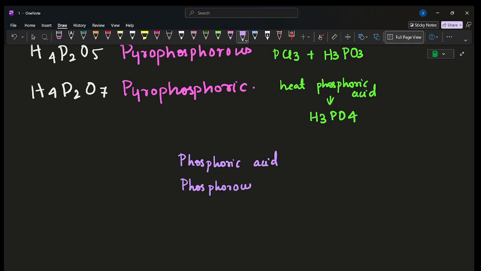So you might know these detailed names, but if you don't know the simple ones, it's going to be bad, right? Phosphoric is H3PO4. Phosphorous is H3PO3. So basically H3PO3 has so many names: phosphonic, orthophosphorous, phosphorous acid, okay?